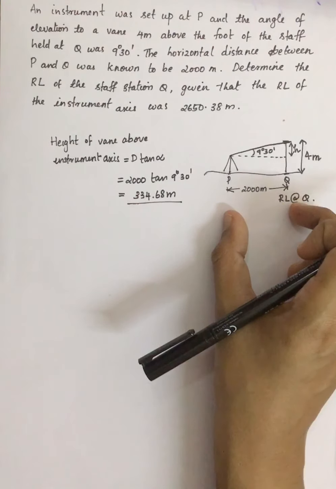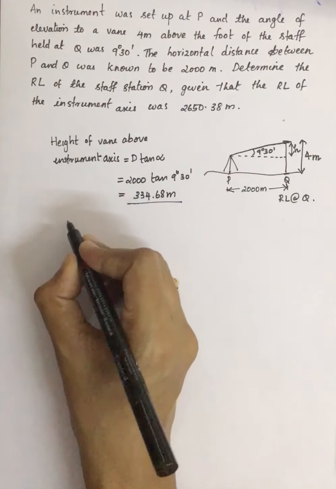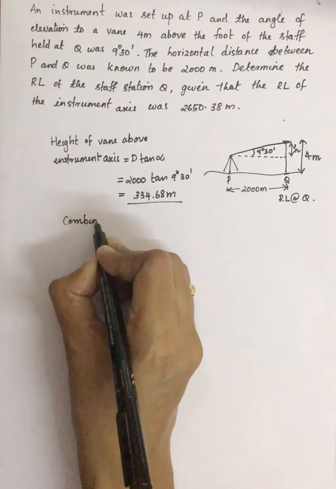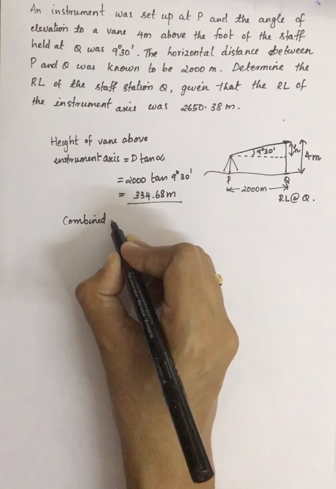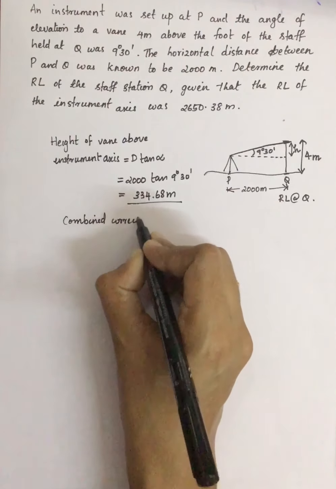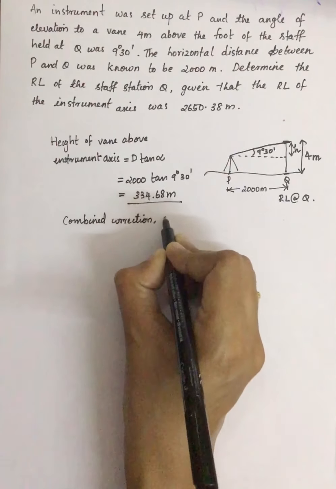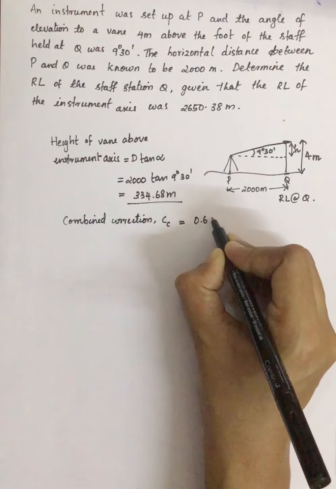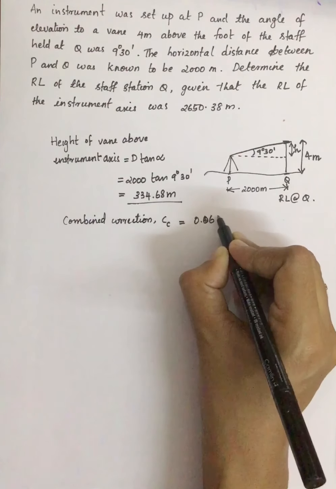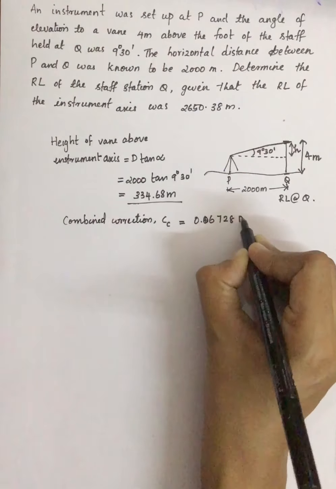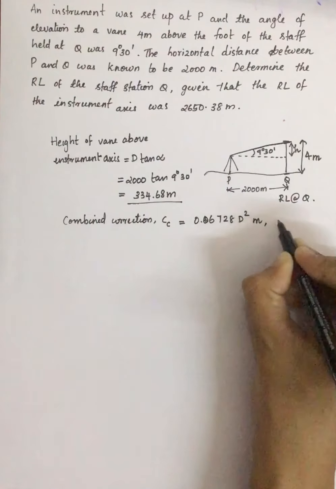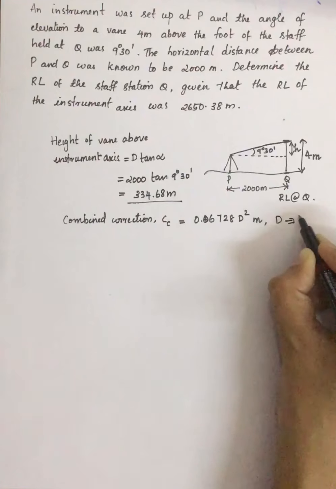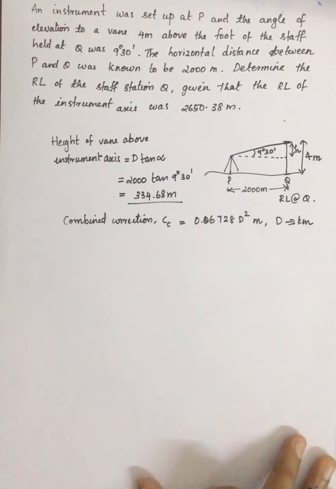Since the distance between P and Q is very large, you have to apply correction for curvature and refraction. So the combined correction CC is equal to 0.06728 d square meters, where d is in kilometers.